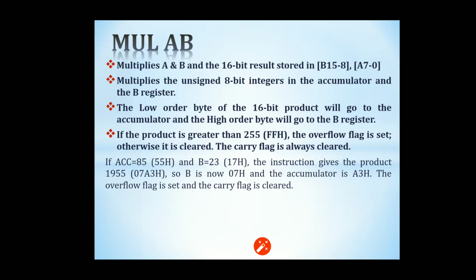In this instruction, one data should be present in the accumulator and the second data in the B register. The low order byte of the 16-bit product will go to the accumulator while the higher byte will go to the B register. If the product is greater than 255, the overflow flag is set, otherwise it is clear. The carry flag is always clear.